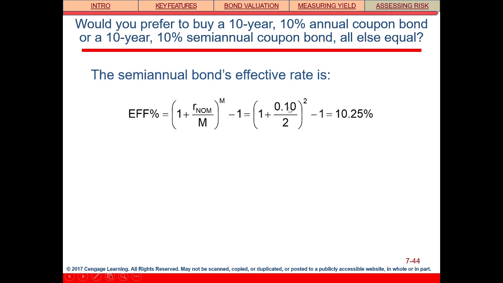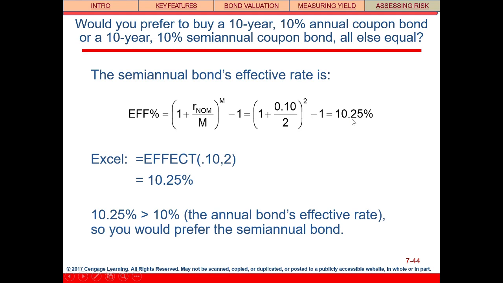So if the interest rate is 10%, then the effective rate is 10.25%. Because 10.25% is larger than 10%, which is the annual bond's effective rate, you would prefer the semi-annual bond because it offers you a higher effective rate of return.